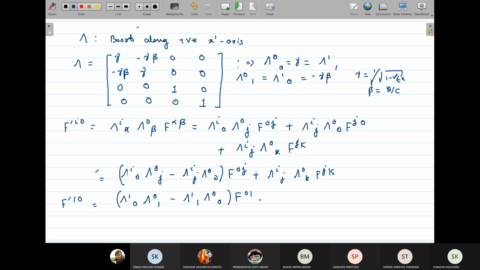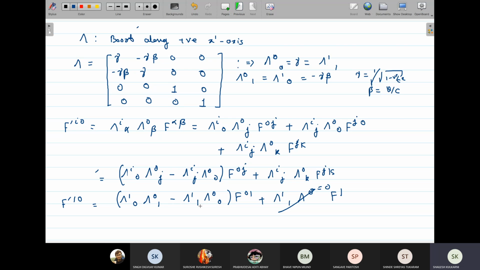Clear? Plus the ijk sum. My i is 1, so lambda 1, j has to be 1, lambda 0k, F1k. Here k can be 1, 2 or 3, but lambda 02 and lambda 03 are 0, so this sum will give me 0.